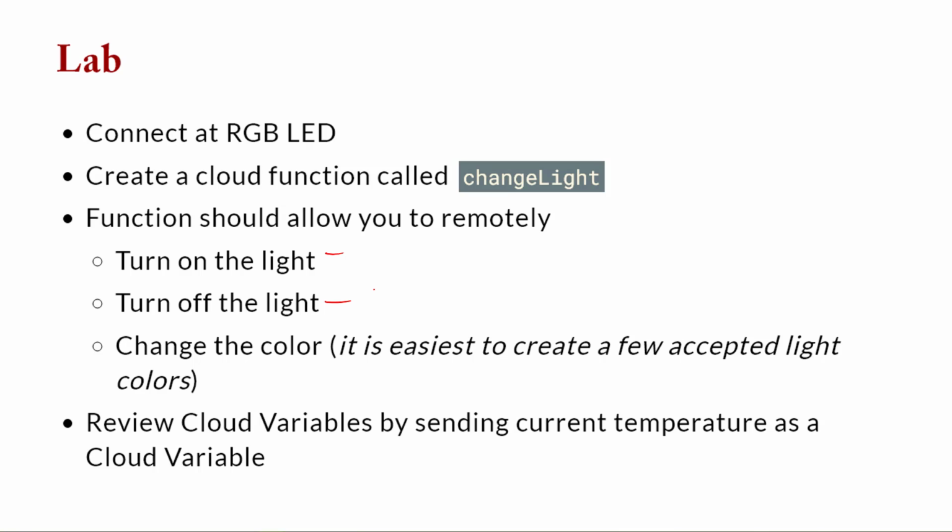So what's going to happen is, I'm in my app, I'm going to type in green. And that's going to go to the cloud, and that's going to go to the Argon, and your LED here will be green. We'll just imagine it's green, okay?